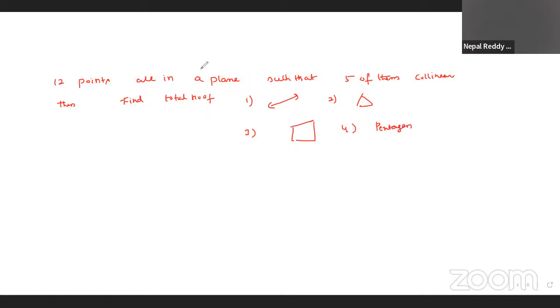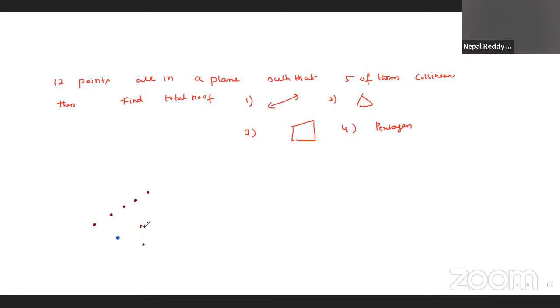Given that in total there are 12 points in which 5 are collinear: 1, 2, 3, 4, 5. The remaining are non-collinear.